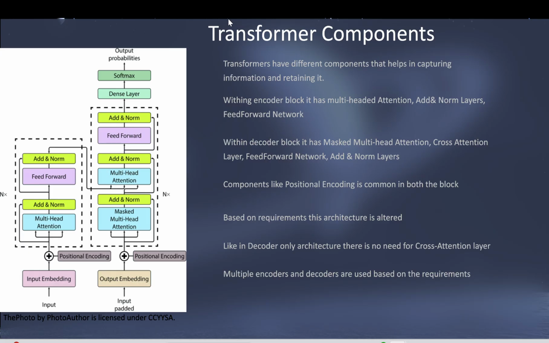Because we don't know. Suppose in a paragraph we have apple mentioned. So how is apple dependent on particular other words present in the paragraph? Apple can be present with fruit, trees, and other things, and it can also be dependent on electronics, price, shipment, containers, that kind of thing, right?